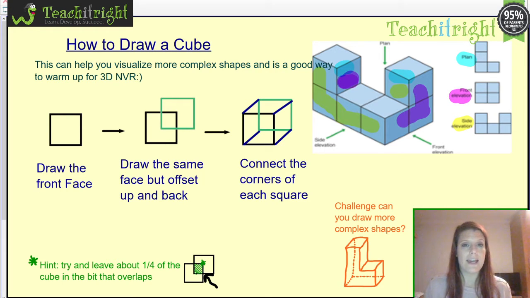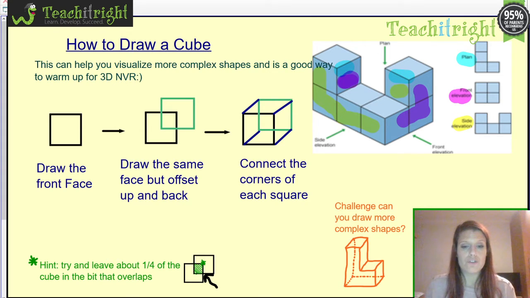So if there's any that you're not too sure of, or you're thinking, I really like this topic and I'd like to learn more, then please do book onto one of those masterclasses where we'll be looking at various different question types relating to three-dimensional non-verbal reasoning activities.